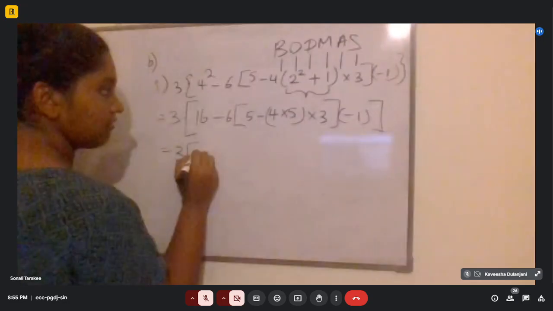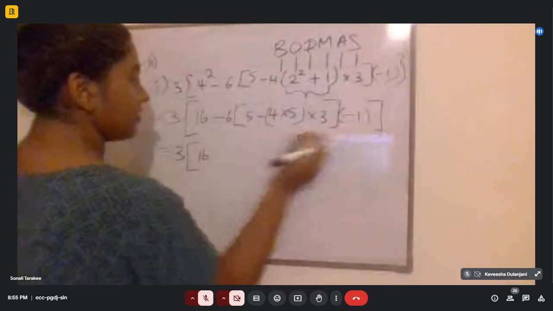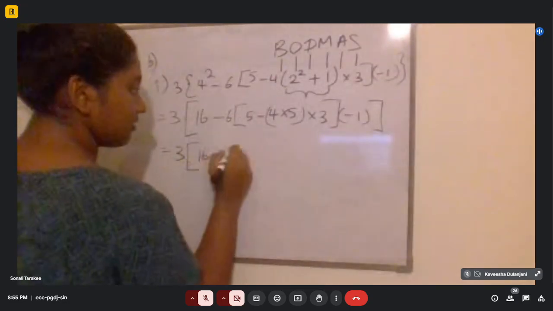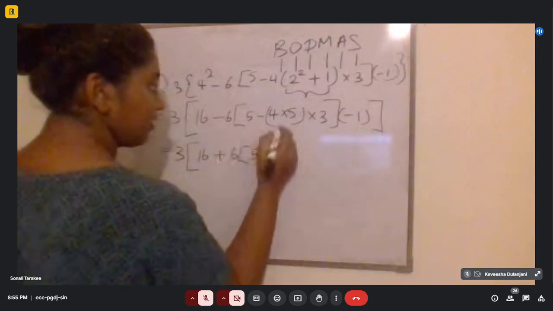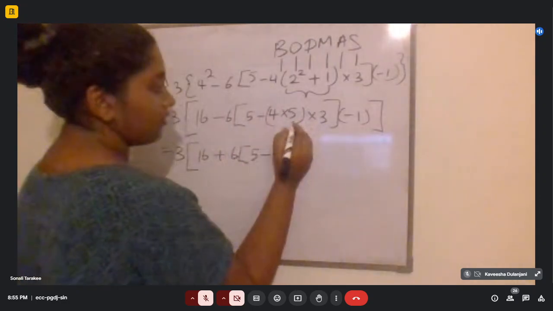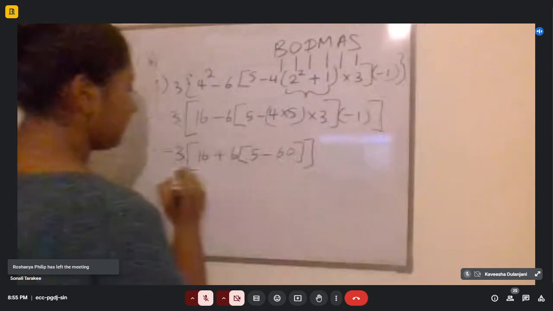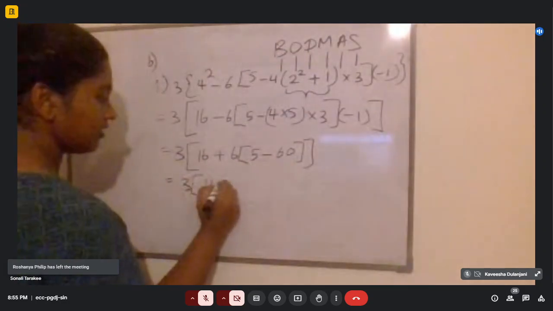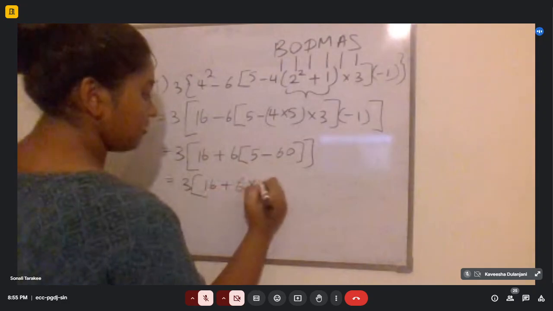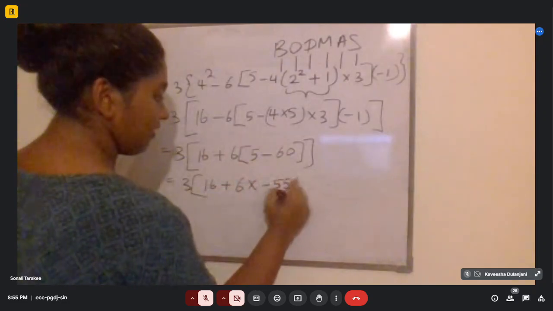So when you simplify this one, 16, this minus times this minus 6, you get plus 6. 5 minus 4 times 5, 20, 20 times 3, 60. Then you get 16 plus 6 times minus 55.